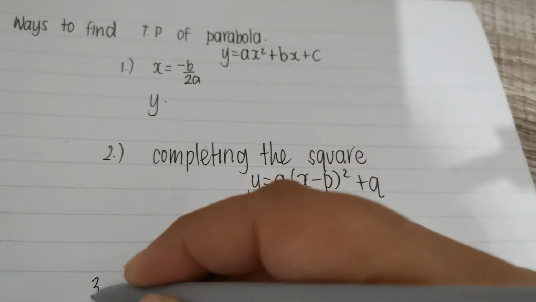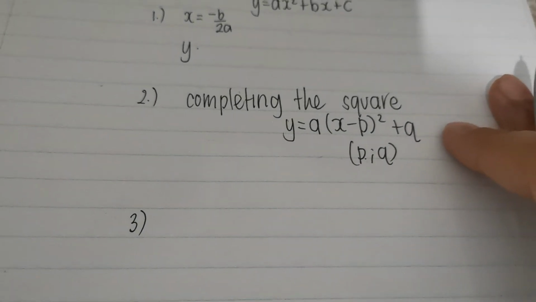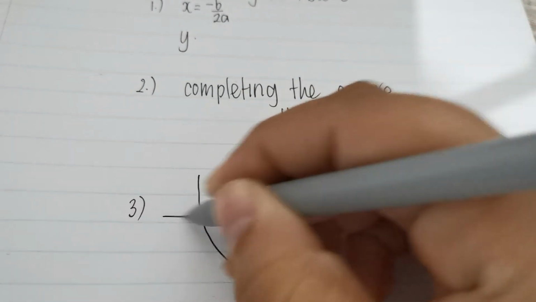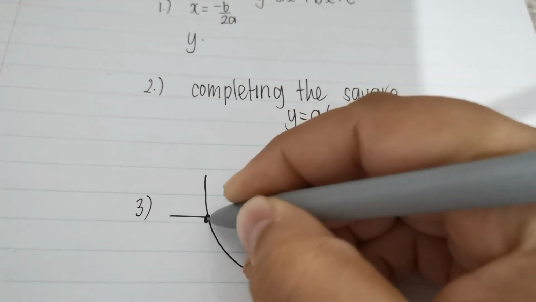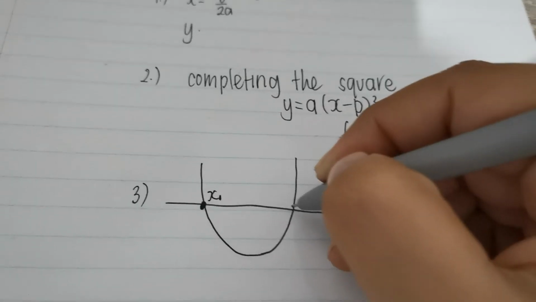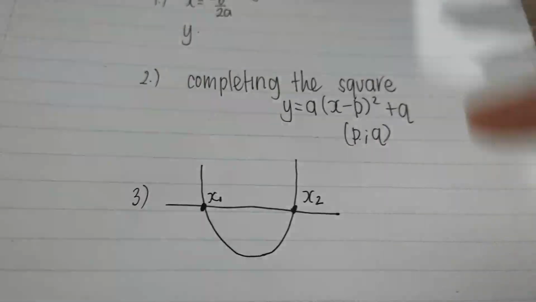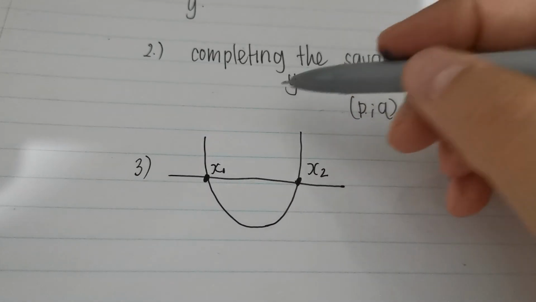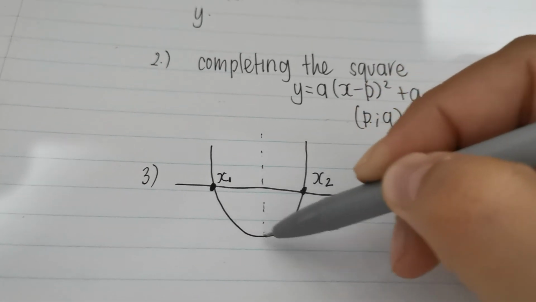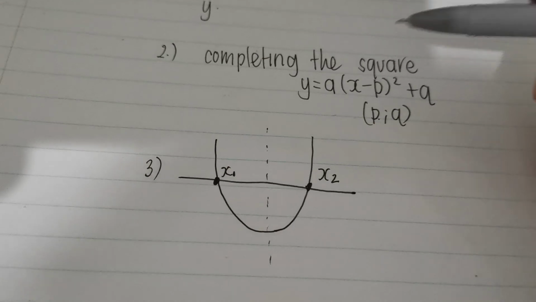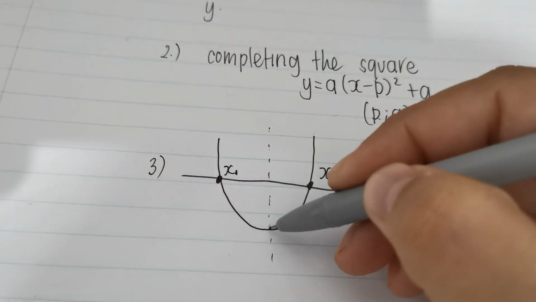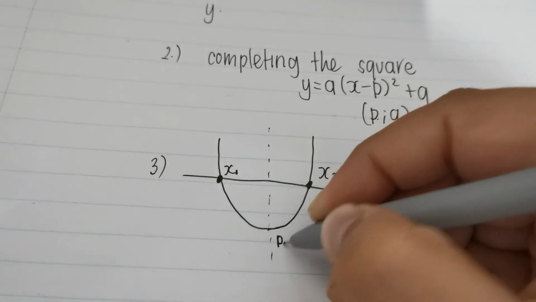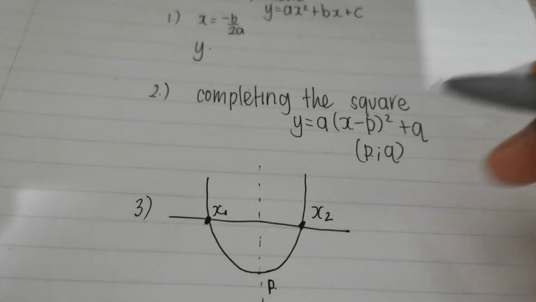The third way, if ever you need to work out the turning point: let's just sketch this to make it easier. Here's my parabola. Let's call this x1. Let's call this x2. I mentioned this in class, that this here is basically our axis of symmetry, okay? And this axis of symmetry is basically the x value at your turning point. So I'm going to call it P because that's what it is from here, right?